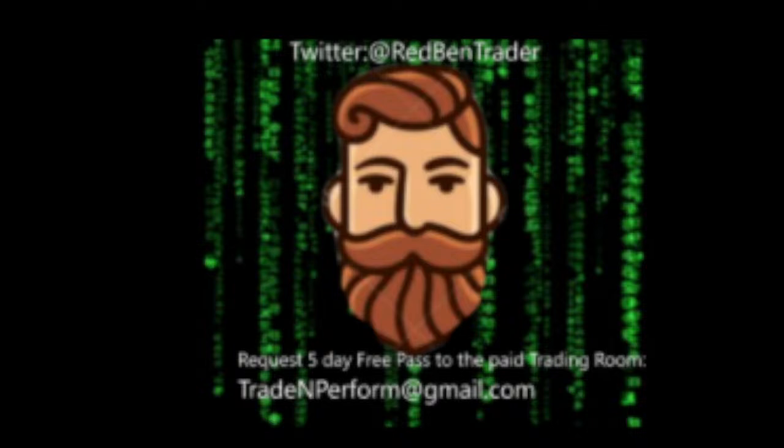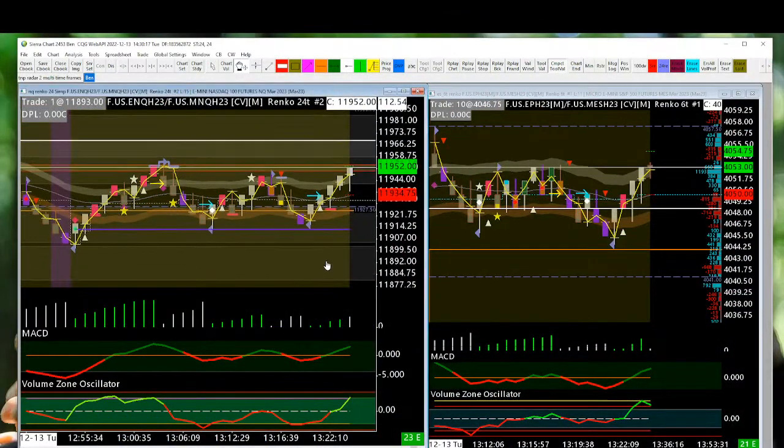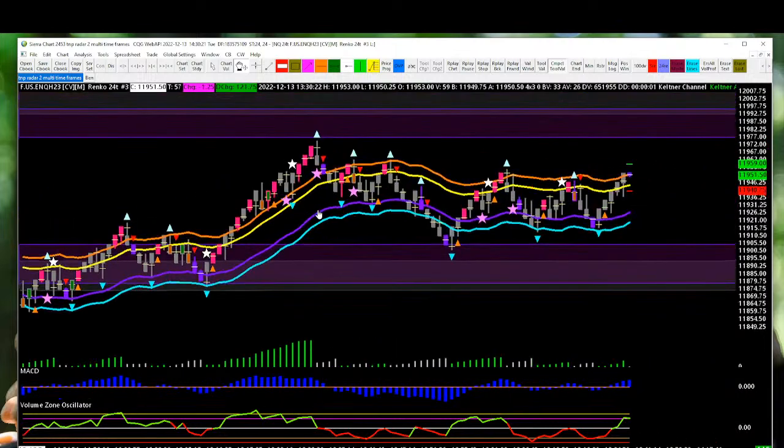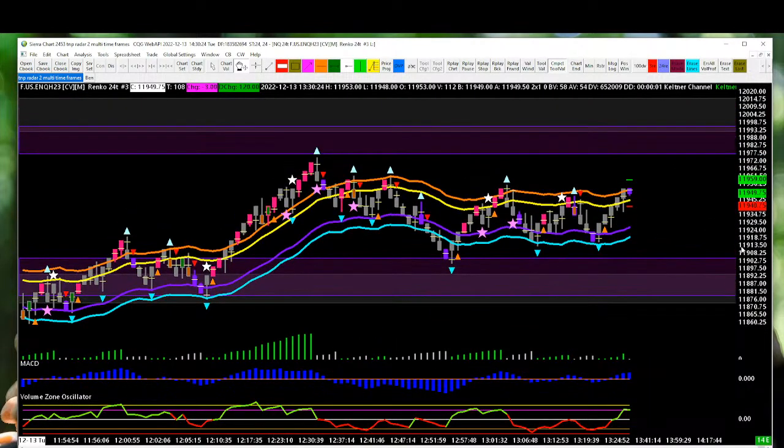So what we're going to look at here is my version of the Trade and Perform algo. It's basically an execution tool that helps us identify locations and execution timing.